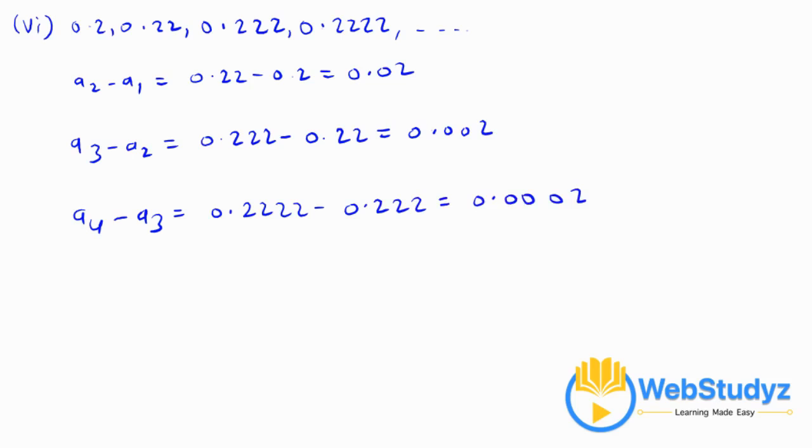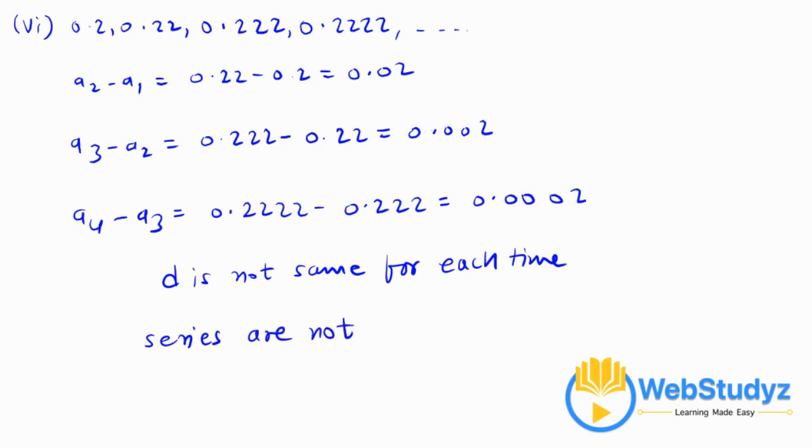So as we can see, D is not the same each time. That means we can say our series are not in AP.